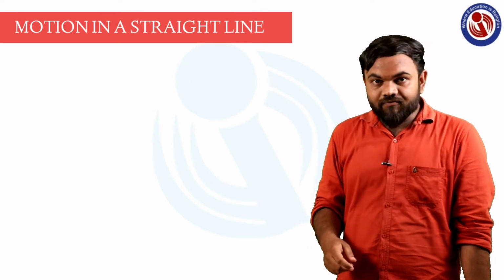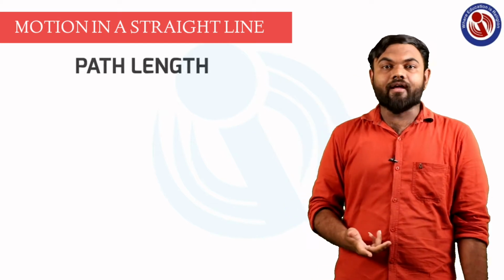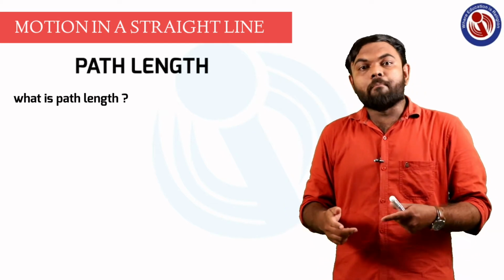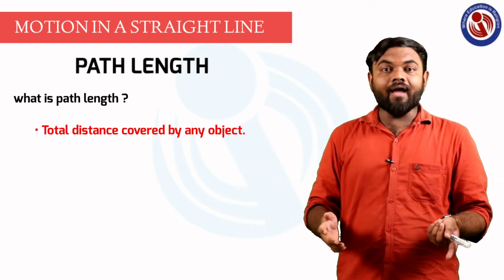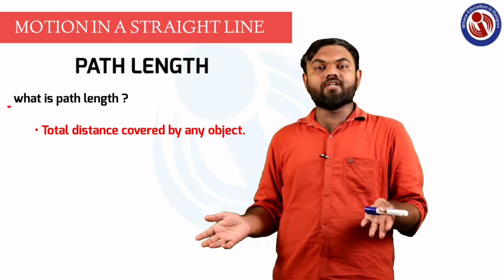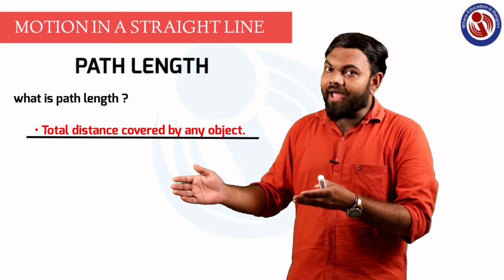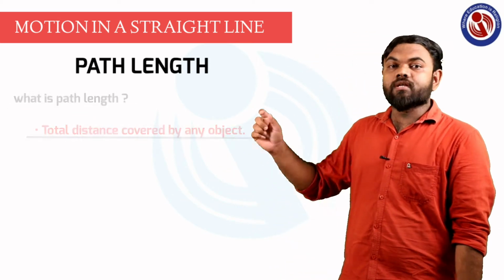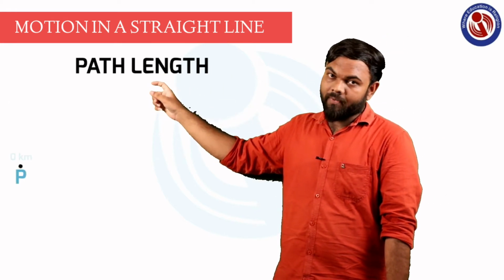Now we will define the second physical quantity. It is path length. What is path length? Path length is the total distance covered by any object. Suppose we take one point, P point, at 0 km.